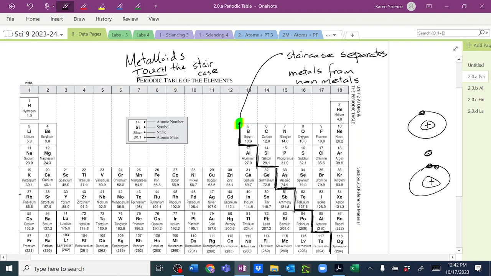Metalloids actually touch the staircase. So we're going to look at things close to the staircase, and we're going to decide if they are or are not metalloids. So metalloids touch.